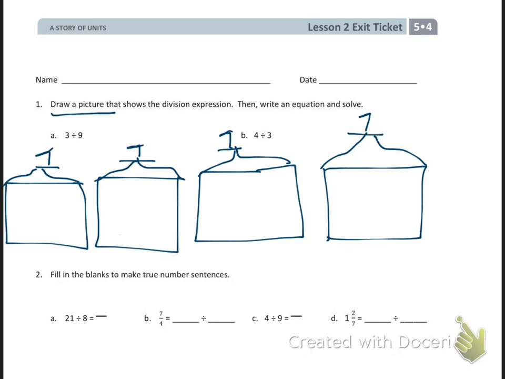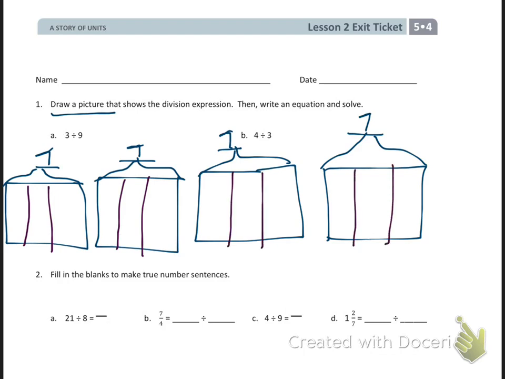Now to divide by 3, I need to just do just that. I need to divide each whole into 3 parts. So there's 3 parts, there's 3 parts, there's 3 parts, and there's 3 parts.